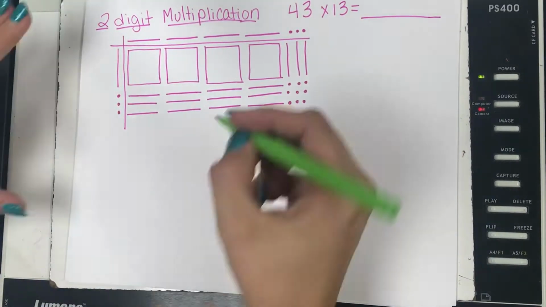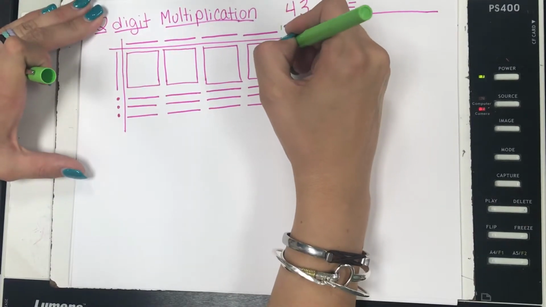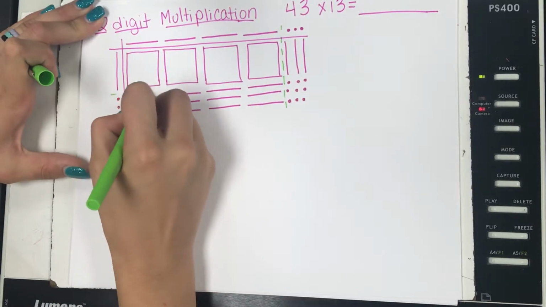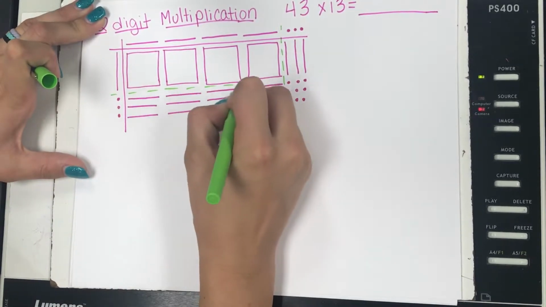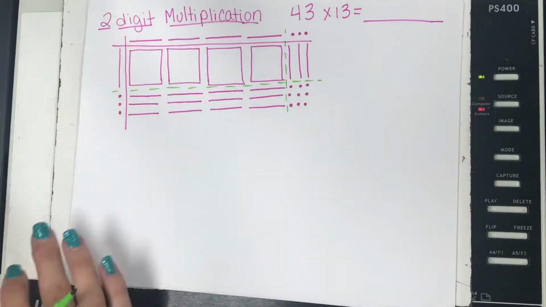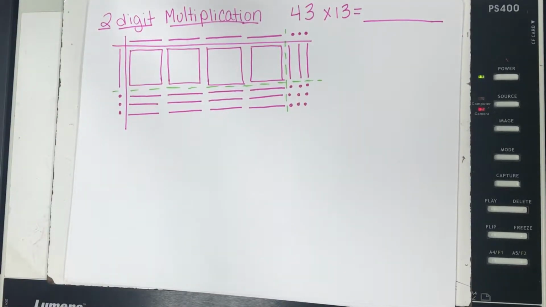Okay, now do you see how I can break that array into 4 parts? Yeah. Okay.